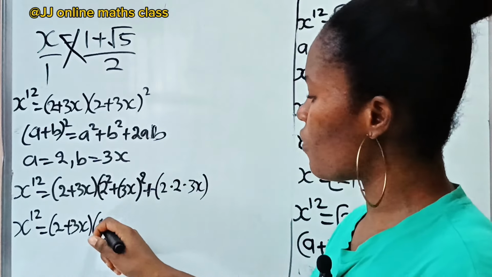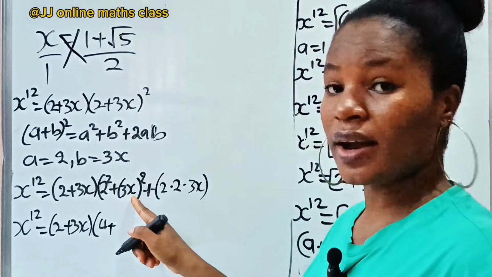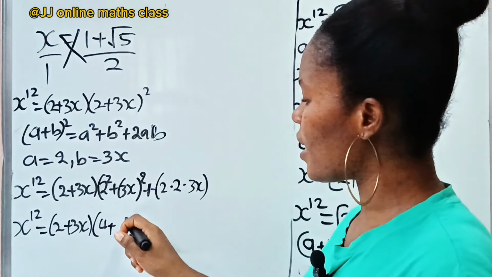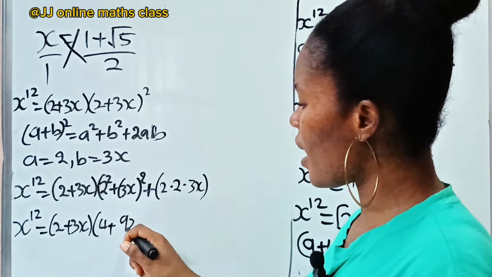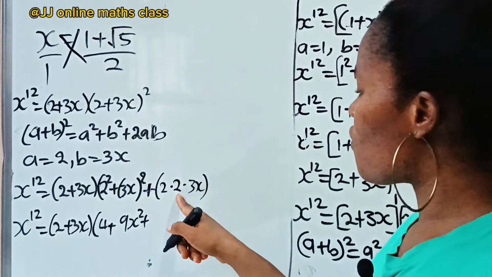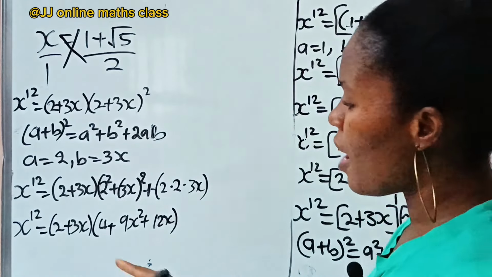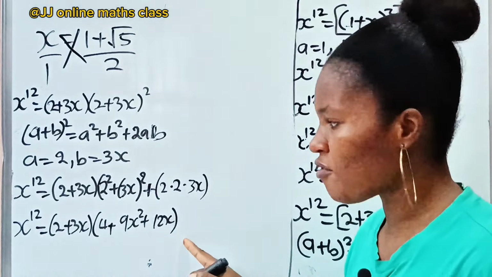Now 2 squared will give us 4, plus 3 squared. You know that this square is for both 3 and x, right? So 3 squared is 9, x squared is x squared, plus 2 times 2 is 4, 4 times 3x is 12x.